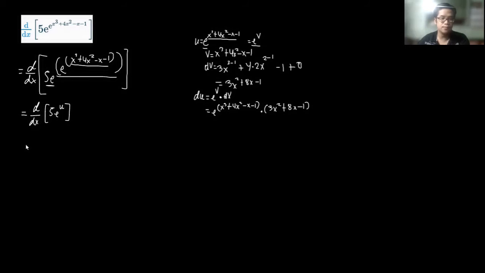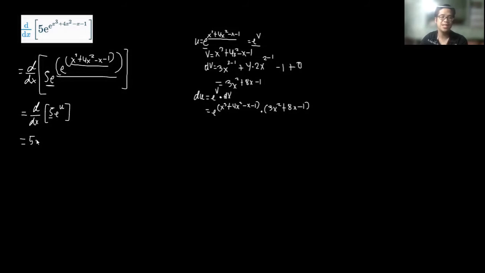Now let's get the derivative of 5 times e raised to u. 5 is just a coefficient, or basically a constant number, so we're just going to leave it be. Don't touch this one. By the constant rule of differentiation, if you have a constant and then a function, just copy the function.